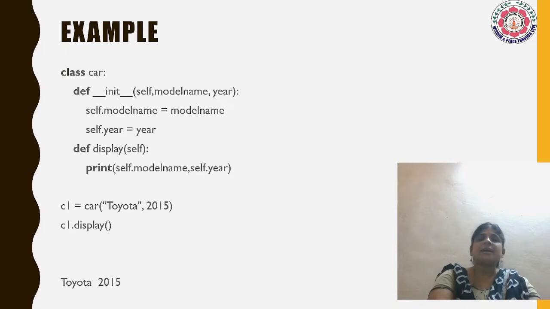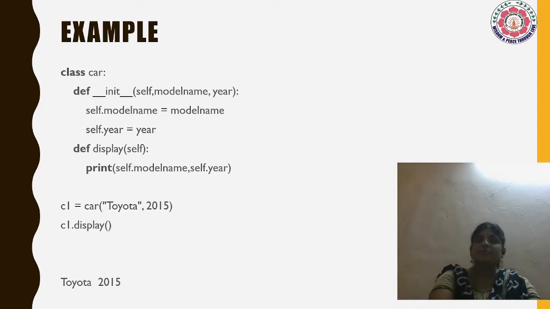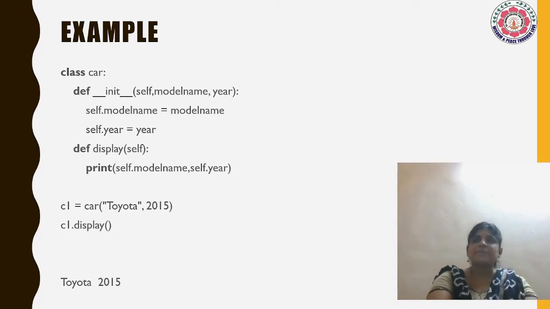In this given example, the name of the class we have defined is Car, and in that we have a method called def __init__, where you have the parameter self, which will contain the model name and year of that particular car. It's like a constructor. We give the name of the model, we give the year, and using a print statement we display it.